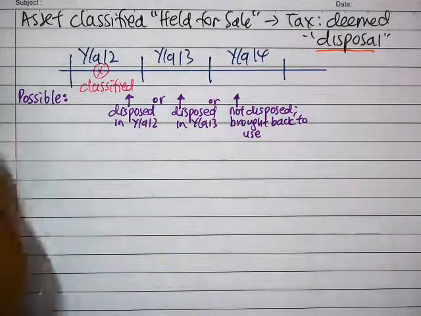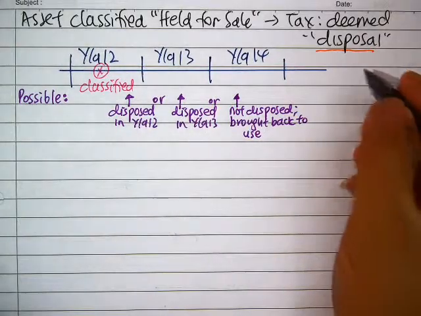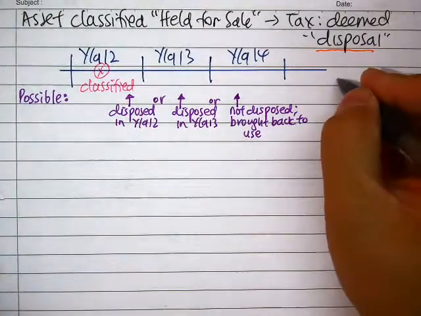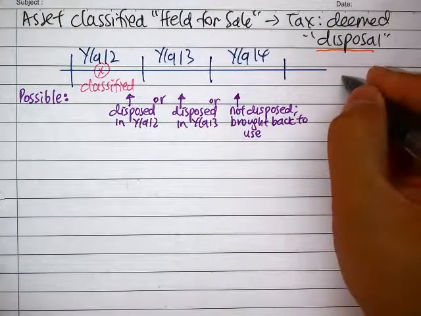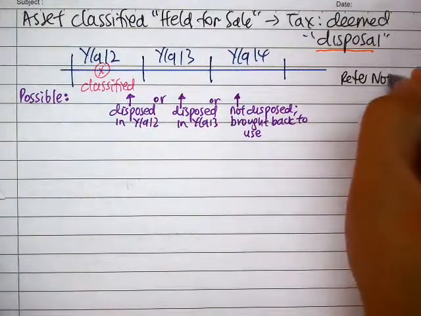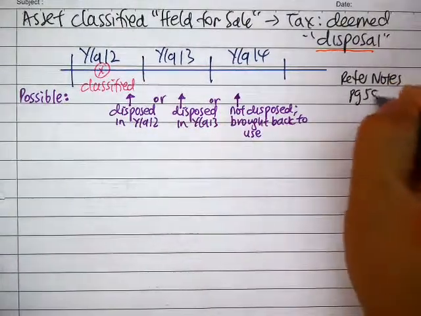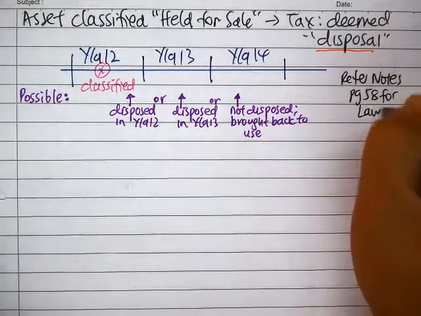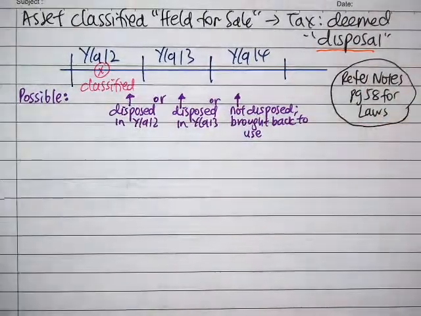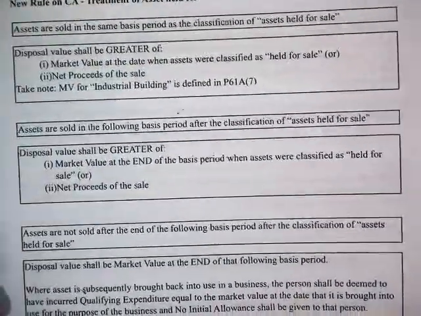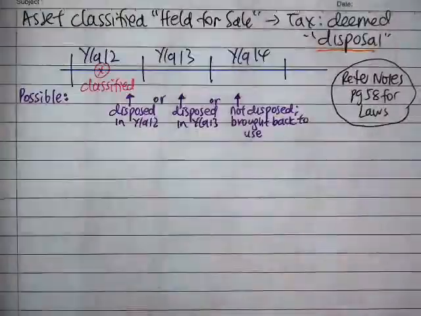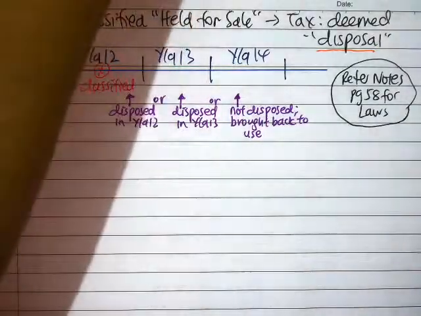Now, when you read these things that we're going to go through, remember you must go through my notes as well. You must refer back to the notes in page 58 for the law, because what I gave you is a summary treatment.